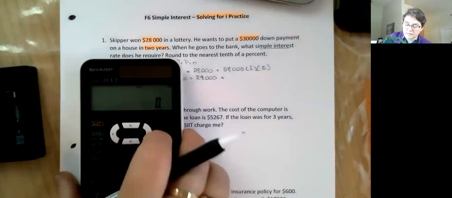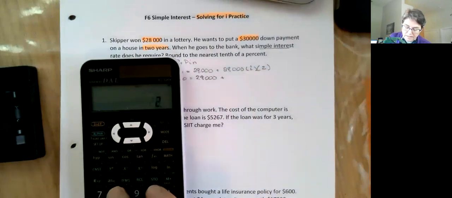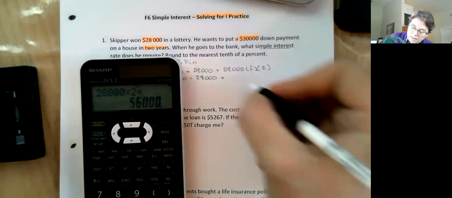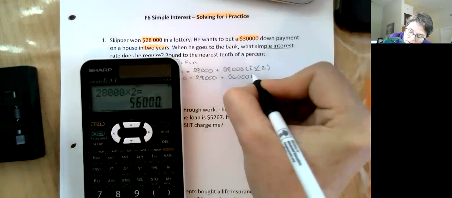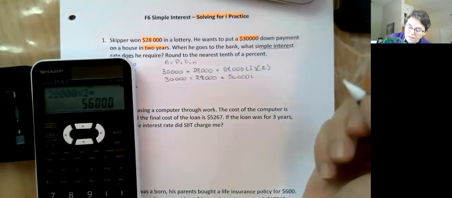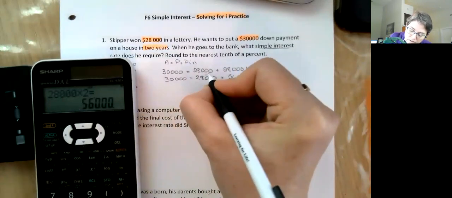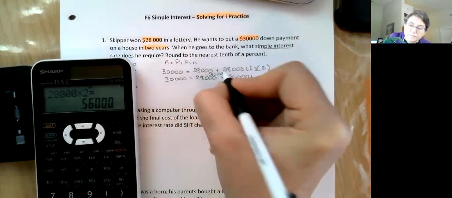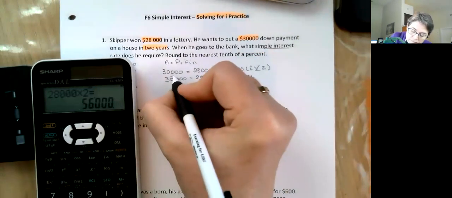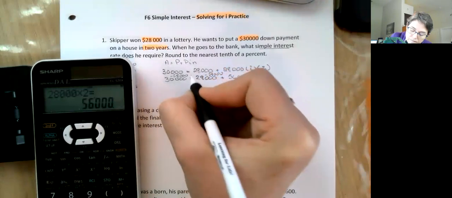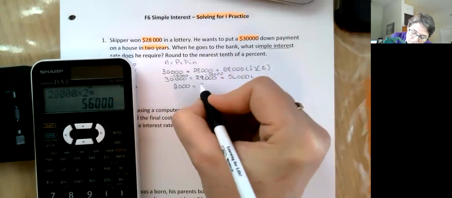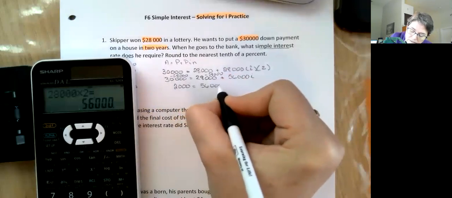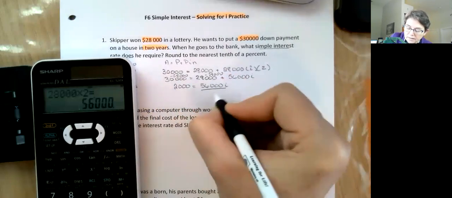All right. 28,000 times 2 is 56,000 I. Now we need to move my number over. That's going to give me 2,000. 56,000 I and divide.